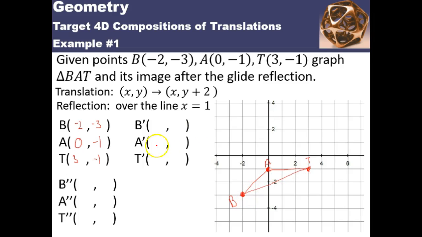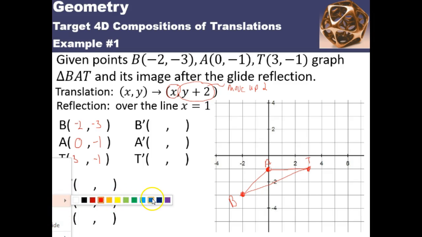Okay, now the first thing we have to do is the translation. So this x is by itself, so that means we don't move left or right at all. But remember, this y plus 2 means move up 2. So I'm going to take all of these points and move them up 2. I'm going to get a new color and move them up 2.